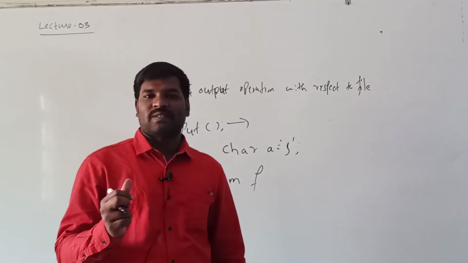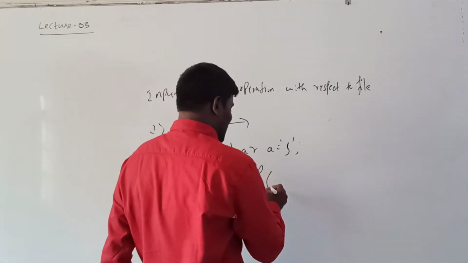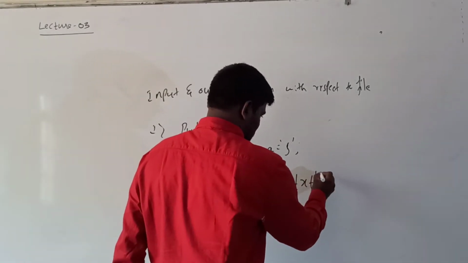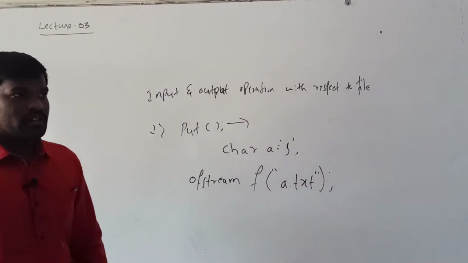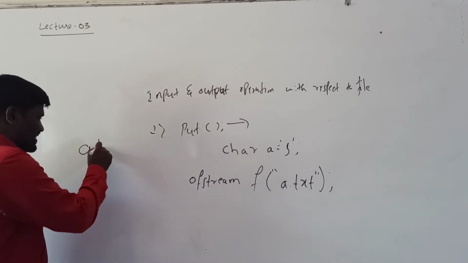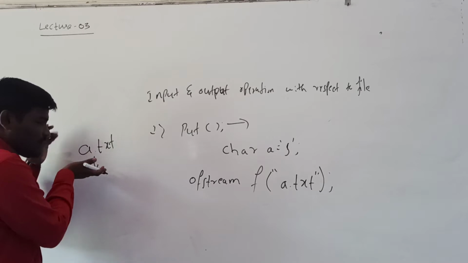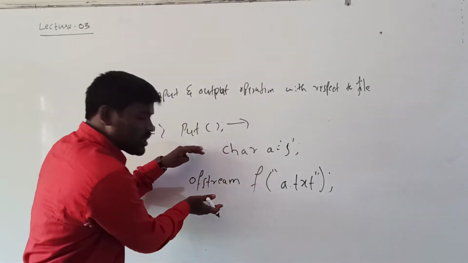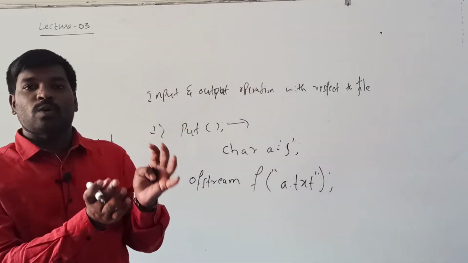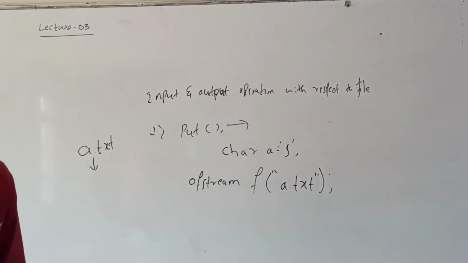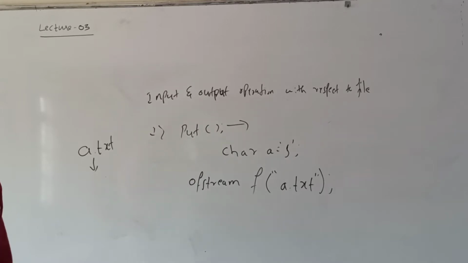So directly I can write ofstream f of a.txt. The file name must be within double quotes. Here a.txt is a file, and it is opened for ofstream. Ofstream means output file stream, so the file is opened for output purposes. The file name is a.txt.